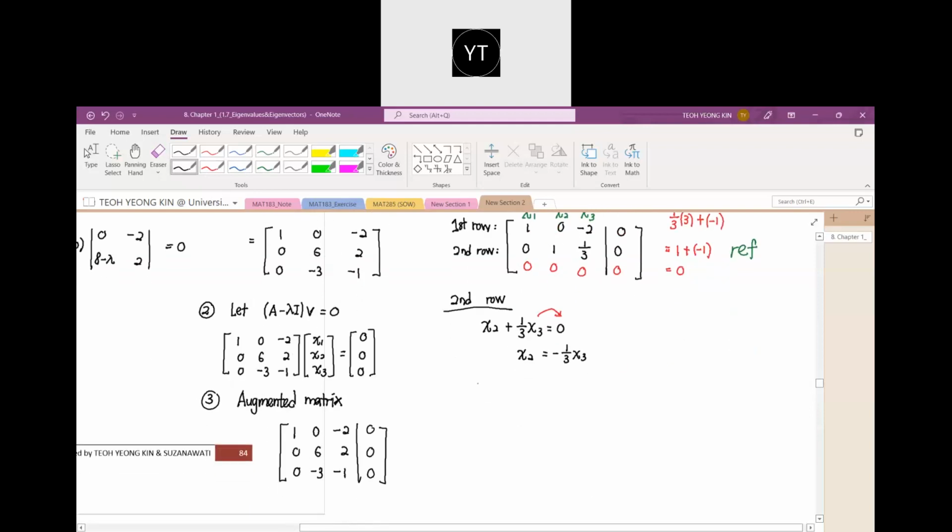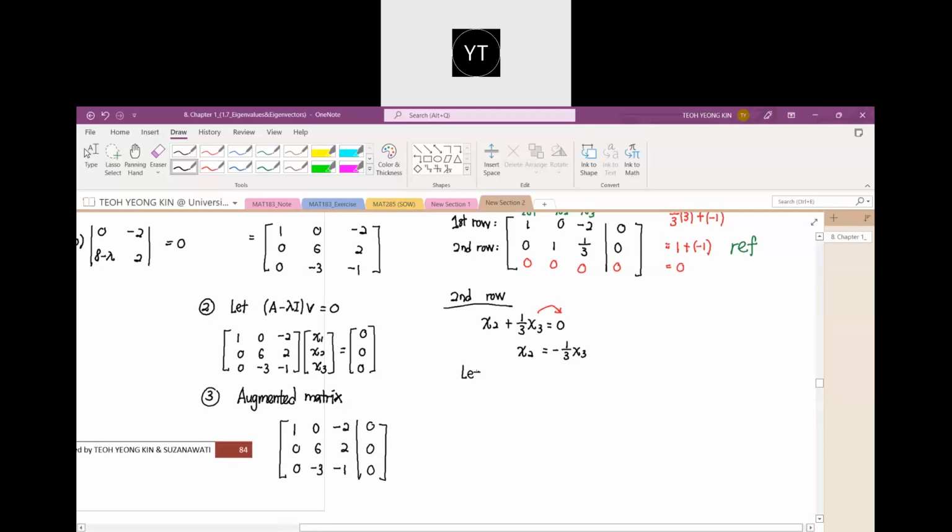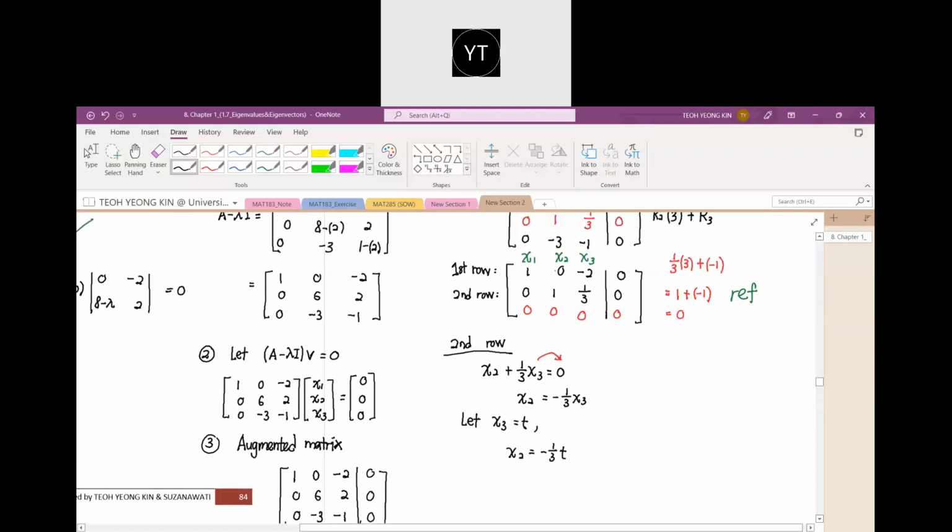So next we let x3 equal t. Then our x2 is equal to negative 1 over 3 t. So we now have x3 and x2. x3 is t, x2 is negative 1 over 3 t. So now we find x1.